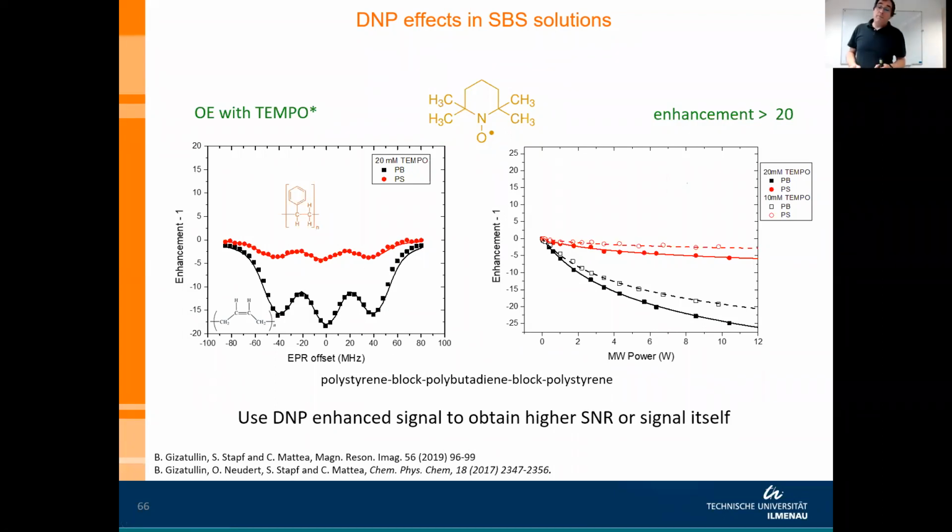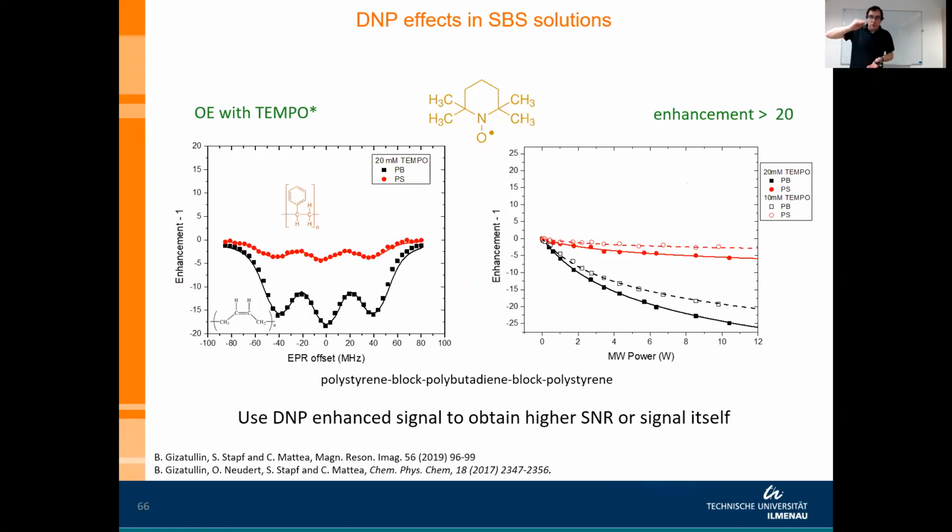Actually, 30% of the polystyrene, that means you have 15% in each of these extremes here. We combine this with TEMPO radical, and then you perform this DNP with field cycling. That means you irradiate at fixed frequency.